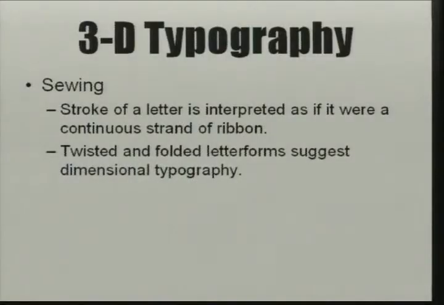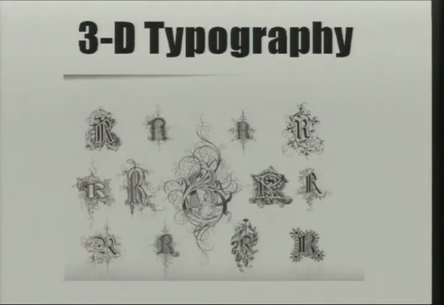So the next way that a typeface is usually switched up a little bit to make it three-dimensional is a technique called sewing. The stroke of a letter is interpreted as if it was a strand of a ribbon. Twisted and folded letter forms suggest dimensional typography, just the way the ribbon type's texture goes. I'll show some examples here.